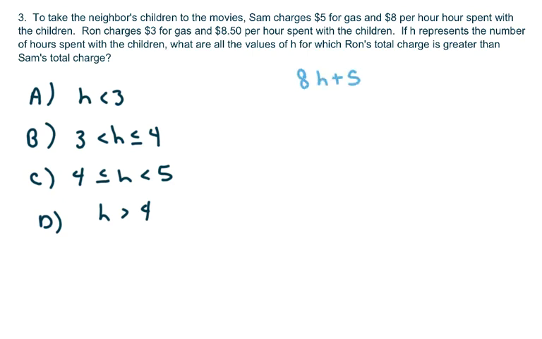And then Ron charges $8.50 per hour plus 3. We want to know where Ron's is greater. So Ron is this one: 8.5H plus 3 is greater than 8H plus 5.